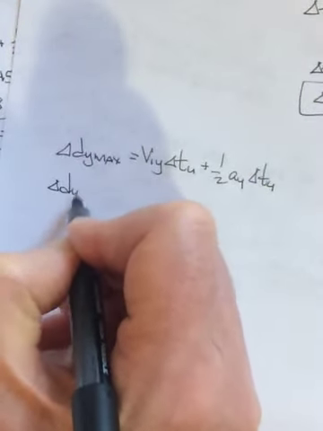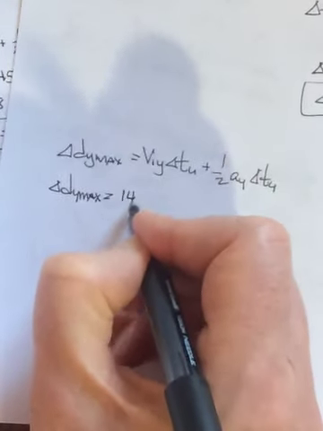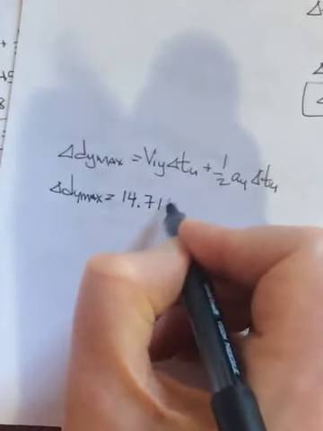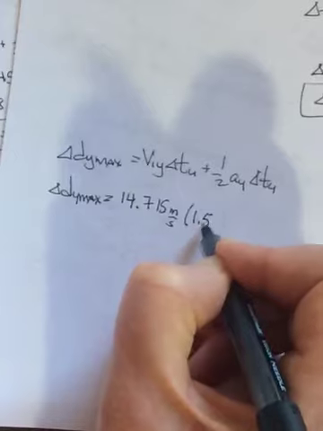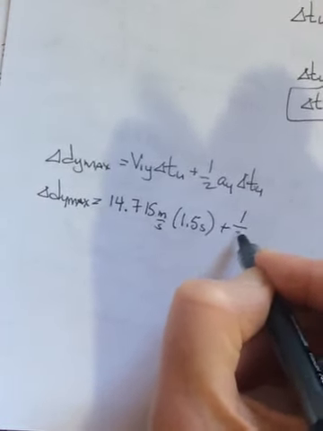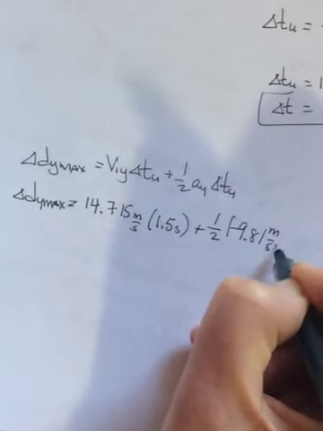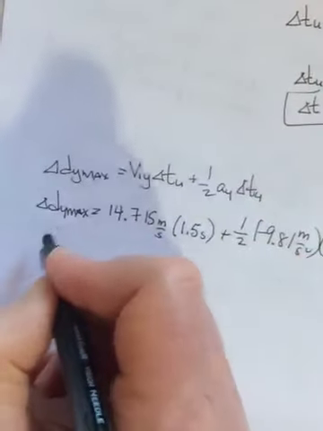So delta dy max is equal to, we just found this to be 14.715 meters per second. We found our time, they gave us the total was 3 seconds. We have to use the half. So 1.5 negative 9.81 meters per second squared, 1.5 seconds squared.